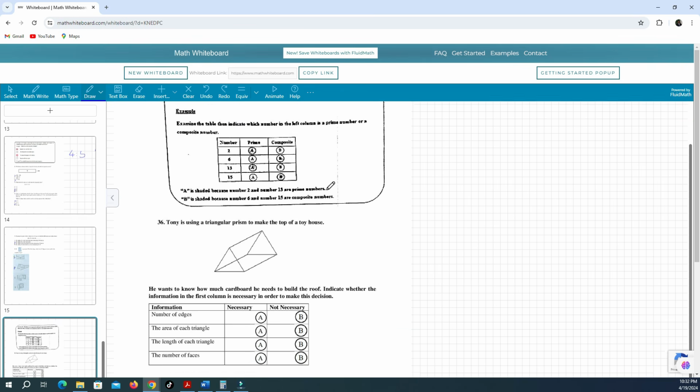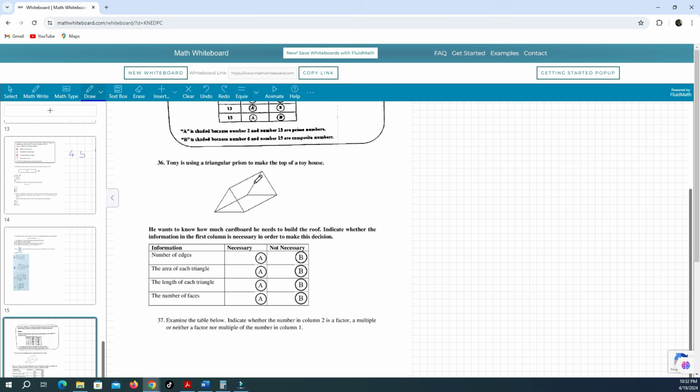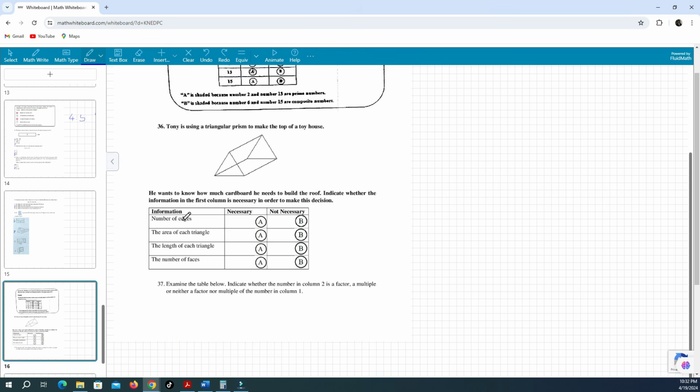So let's see. Let's look at this one. Tony is using a triangular prism to make the top of the toy box. He wants to know how much cardboard he needs to build a roof. Indicate whether the information in the first column is necessary in order to make the decision. So the information is the number of edges. Is that necessary? The number of edges is not really necessary.